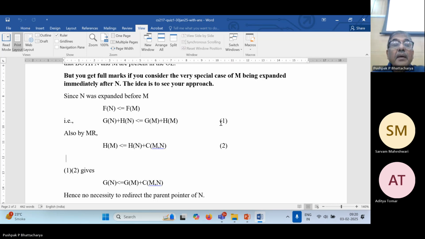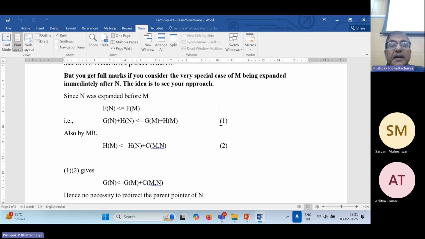What is the caveat? Okay, so M and N are in the open list. Now, when N is expanded, it may change one of the ancestors of M. Possible?